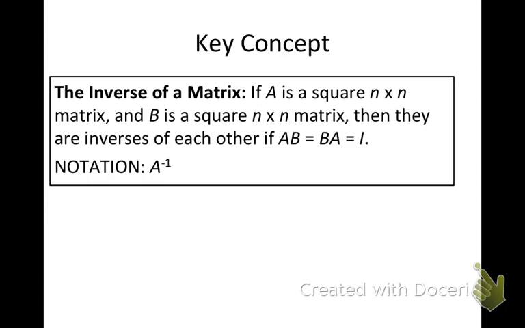If you have matrix A, and it's a square, let's say, n by n matrix, and you have matrix B, and A and B have the same dimensions, so they're both n by n, and they're both squares, we can decide whether they are inverses of each other by multiplying the two together and seeing if they result in the identity matrix as their products.